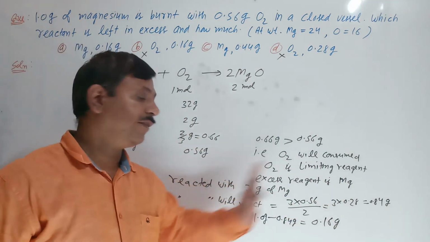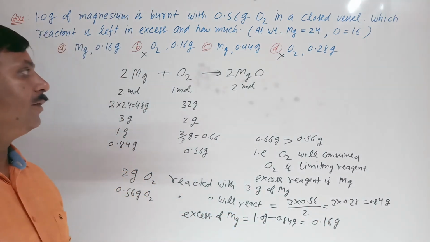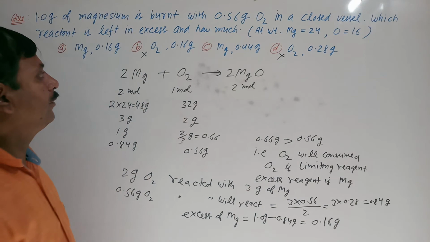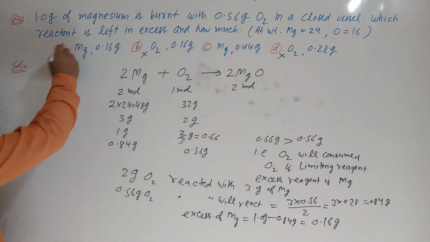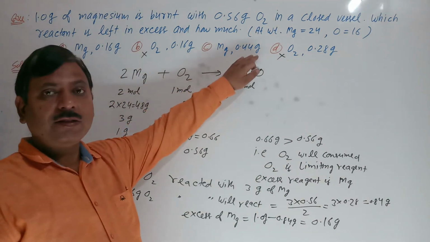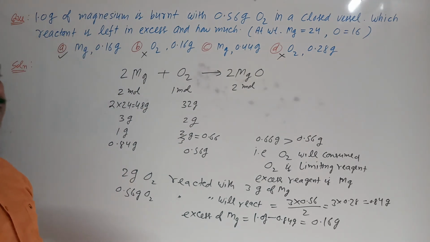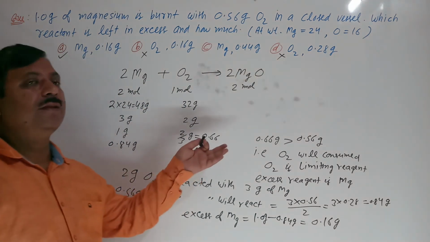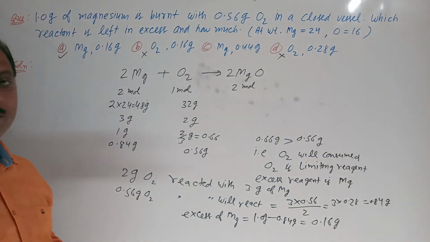The excess reagent is Mg and 0.16 gram will be unconsumed. So what will be the correct option? A is the correct option. Mg they have given, and the correct answer is 0.16. This question has been asked in a medical exam.